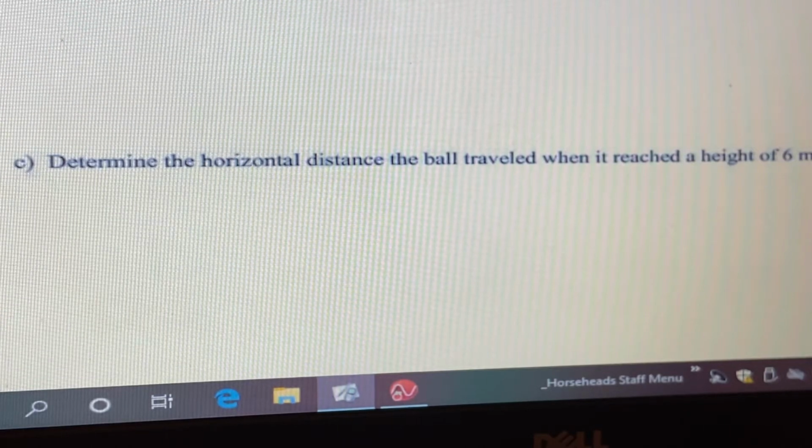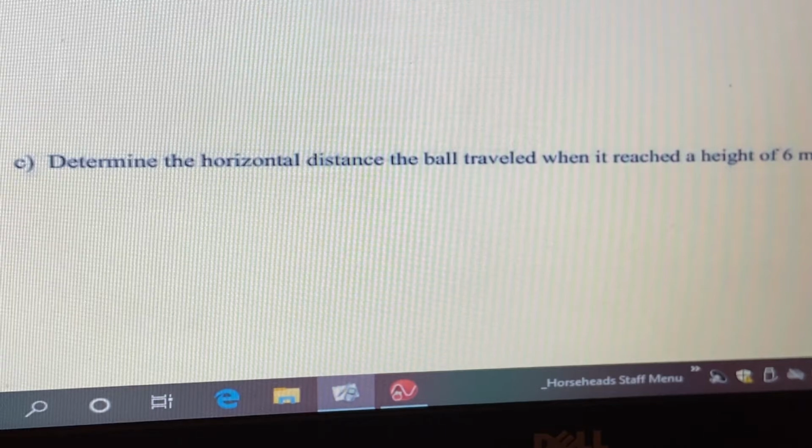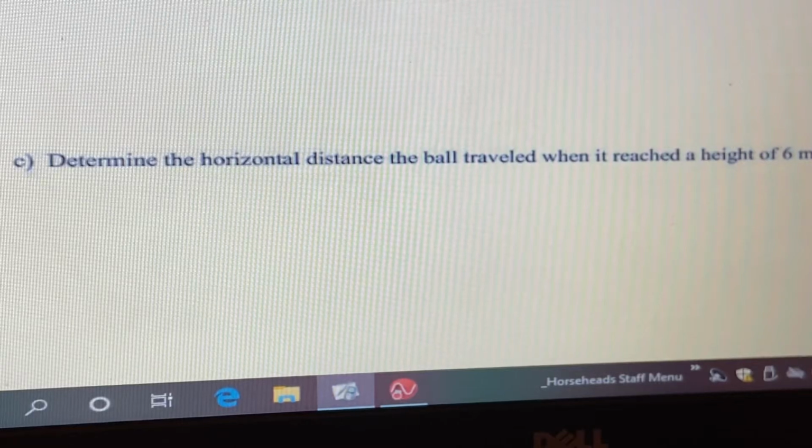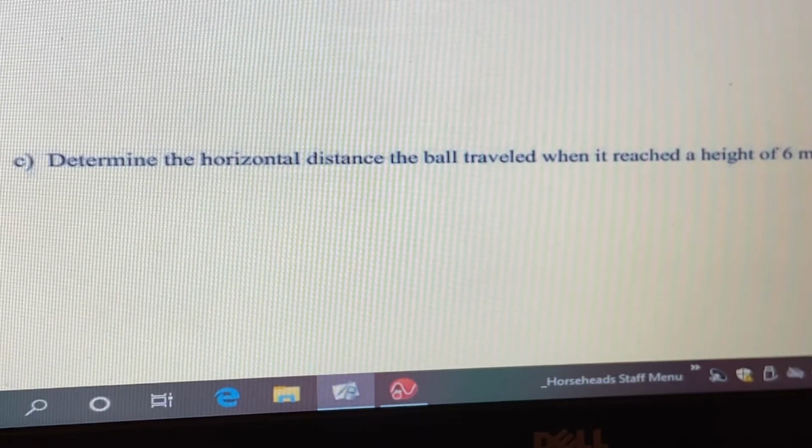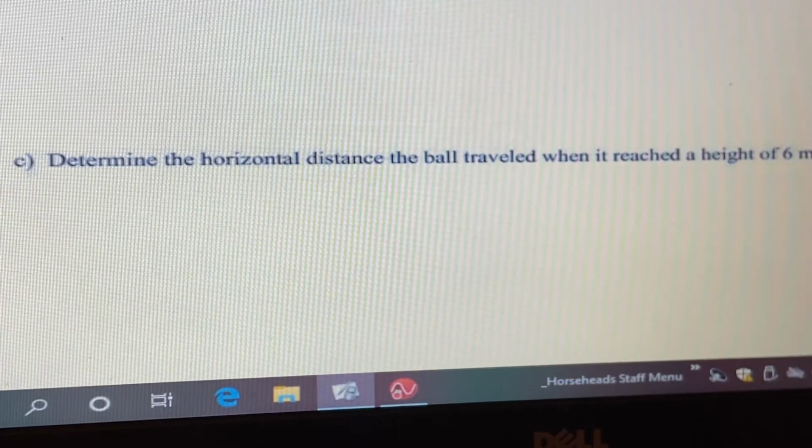6 meters would happen twice. It would happen right here, and it would happen right here. She's not 6 meters tall. So, right here and right there, on its ascent and on its descent. So determine the horizontal distance the ball traveled when it reached the height of 6 meters.